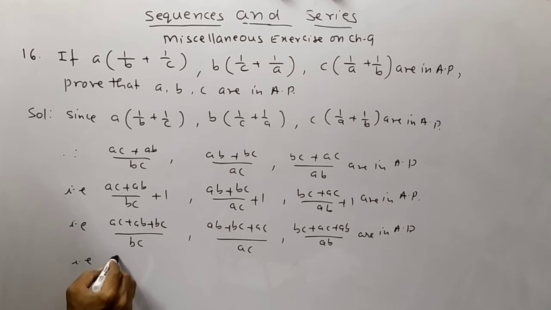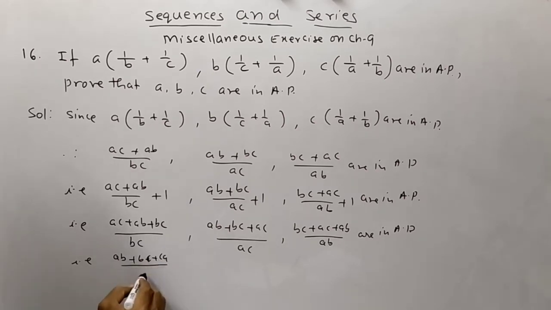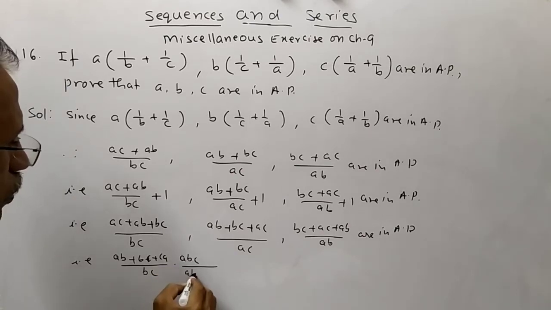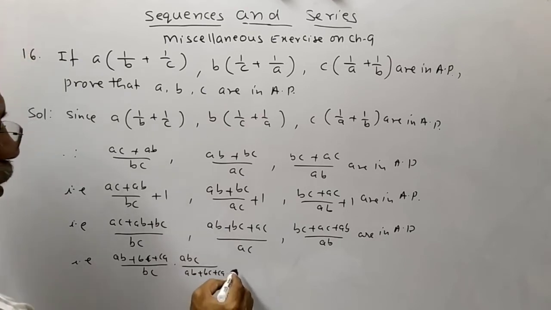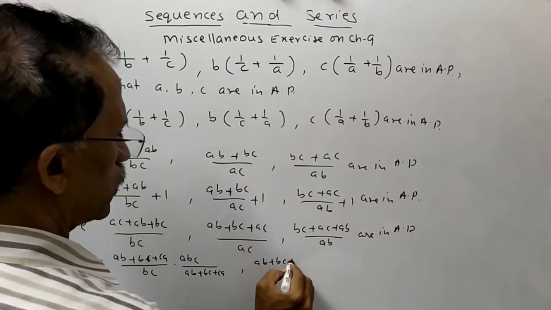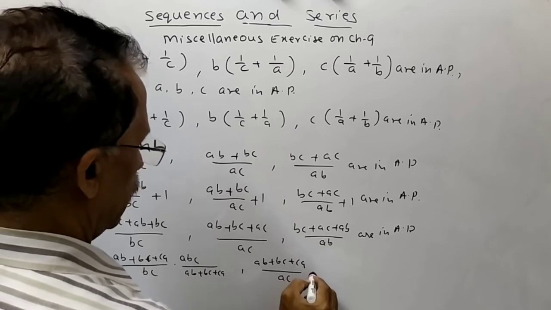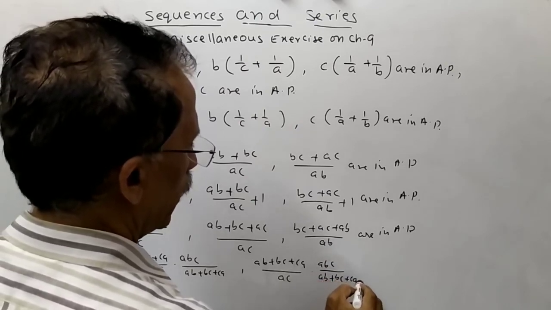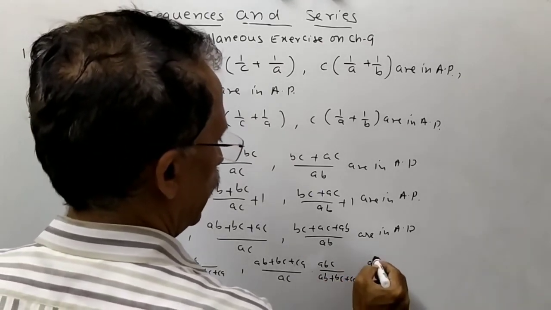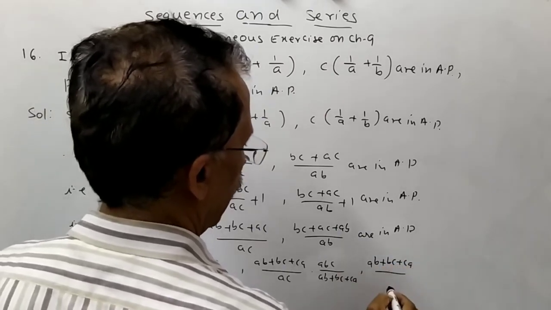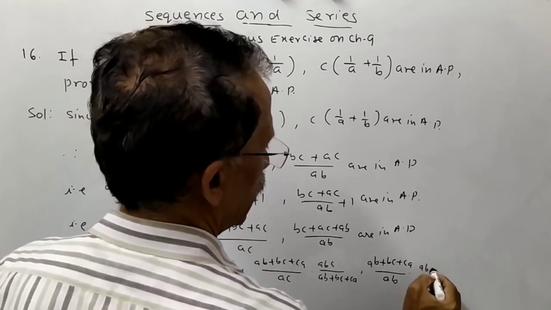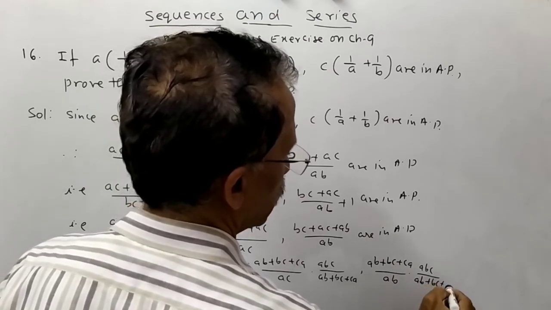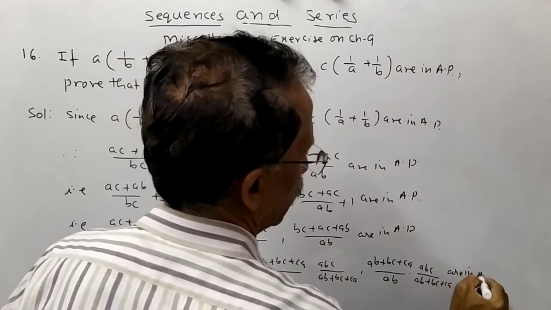That is, (AB + BC + CA)/BC into ABC/(AB + BC + CA), (AB + BC + CA)/AC into ABC/(AB + BC + CA), (AB + BC + CA)/AB into ABC/(AB + BC + CA) are in AP.